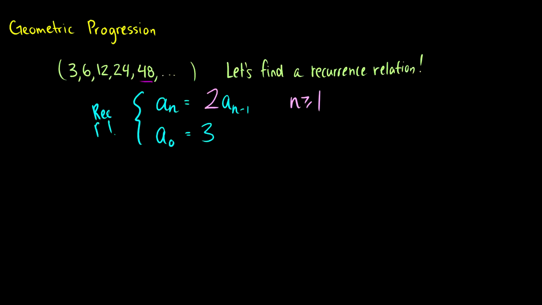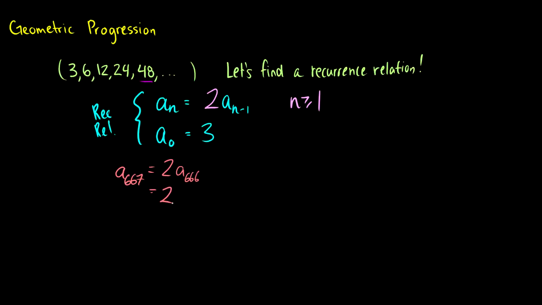Now what's nice about this is that we can figure out a_5, a_8, a_12, whatever we want. The only problem is when I say, hey, what's a of 667? Well, that's going to be 2 times a of 666, but hold on a second, what's a of 666?